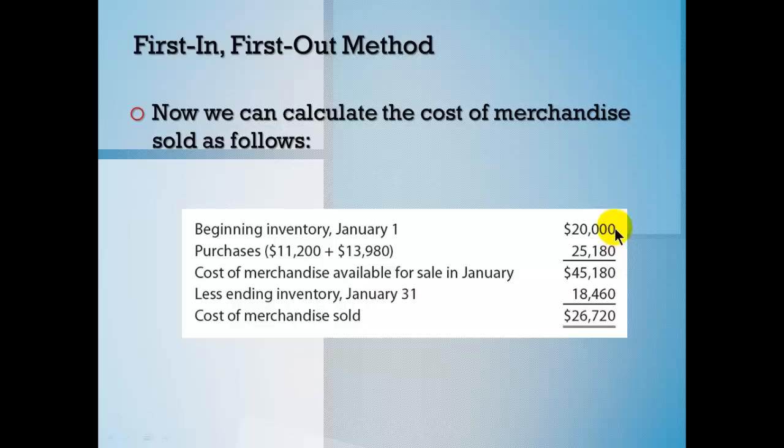So I started out with 1,000 units at $20 per unit. Under all scenarios, that was the beginning number, $20,000. And then my purchases of $25,180 equals goods available, and then the value I used under FIFO, $18,460, will give me a cost of goods sold of $26,720.